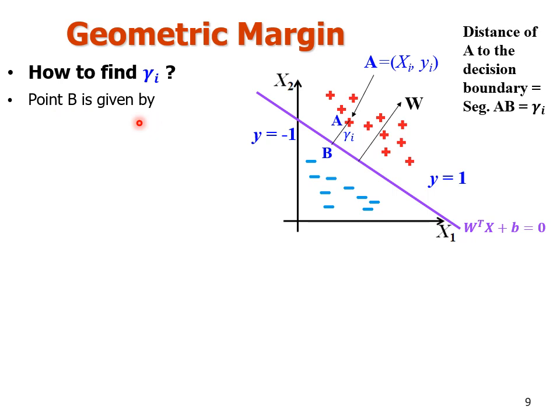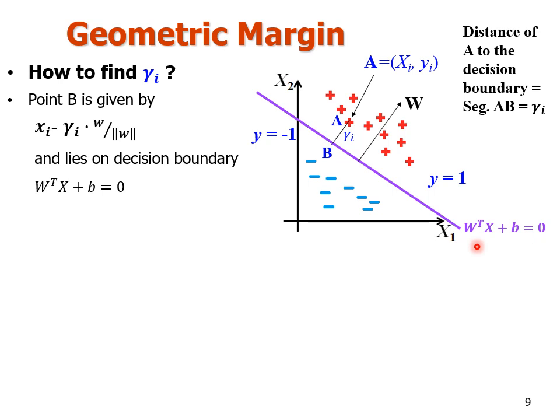Well, W divided by norm of W is a unit length vector pointing in the same direction as vector W. So point B is given as xi minus gamma i into W divided by norm of W. This point B lies on the decision boundary, and all the points that lie on the decision boundary must satisfy the equation W transpose X plus B equal to 0.